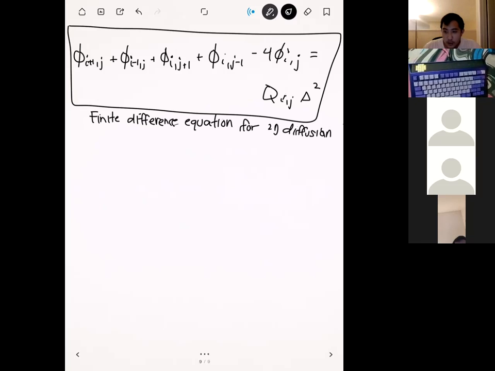Right, and so the way that we're going to use this equation is basically the same as our finite difference equation back in the 1D case. And so we're going to apply this at each of the different i comma j nodes in our mesh.